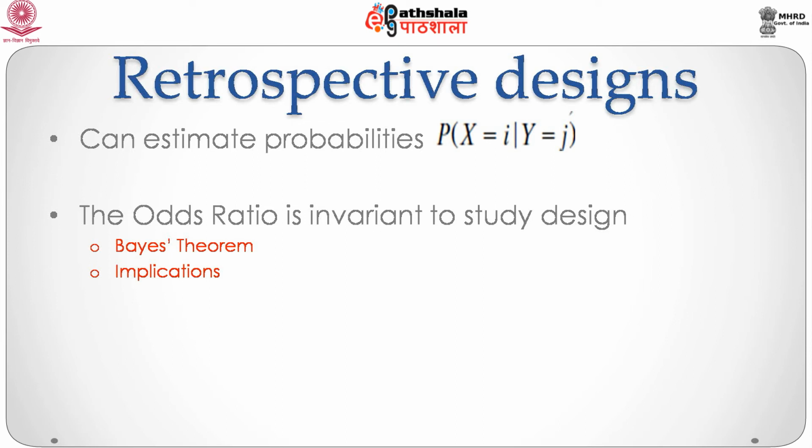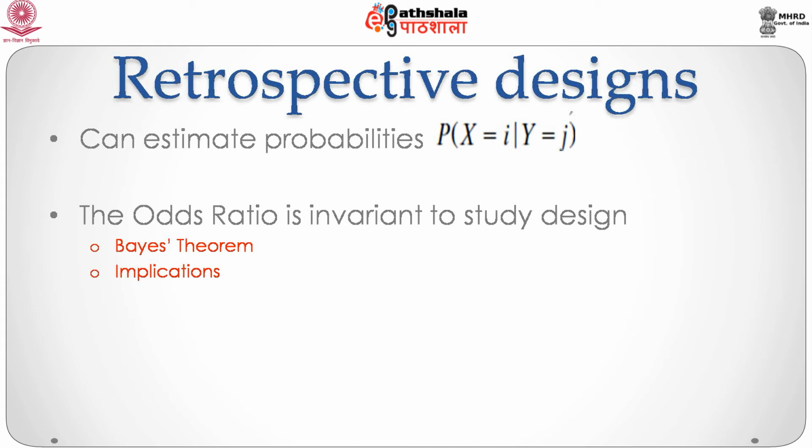However, because of the way I have sampled, which is from fixing the number of lung cancer patients and then looking at the distribution of smoking in the two groups, using our conventional notations of X and Y, it is possible to estimate the probabilities P(X = i | Y = j), that is, to estimate the conditional probability of X given Y, in this case, smoking given lung cancer.